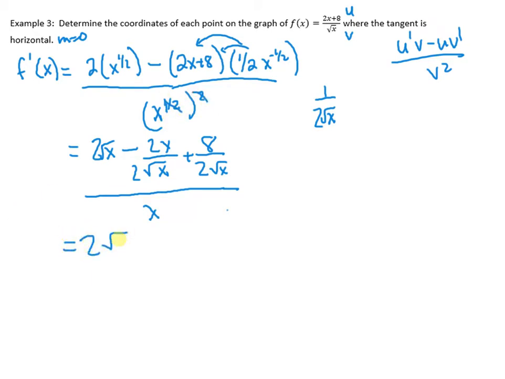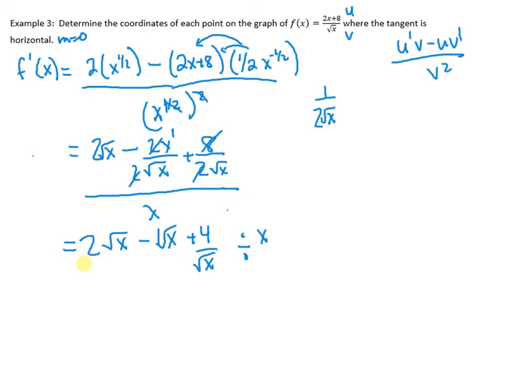So I have 2 root x minus, so for these, 2 divided by 2 is 1. And then x to the 1 divided by root x, we just subtract the exponents. So minus root x plus 4 over root x. And that's going to be divided by x.